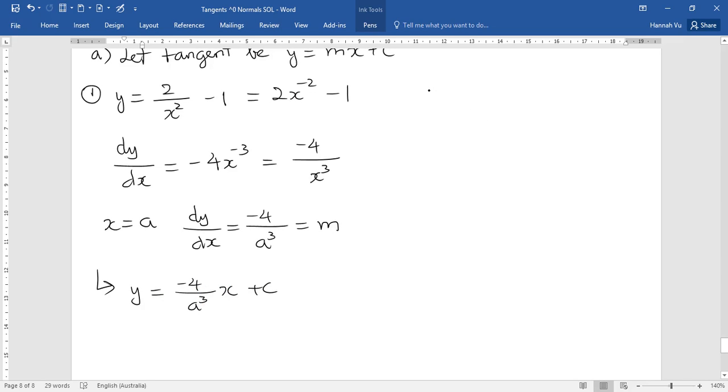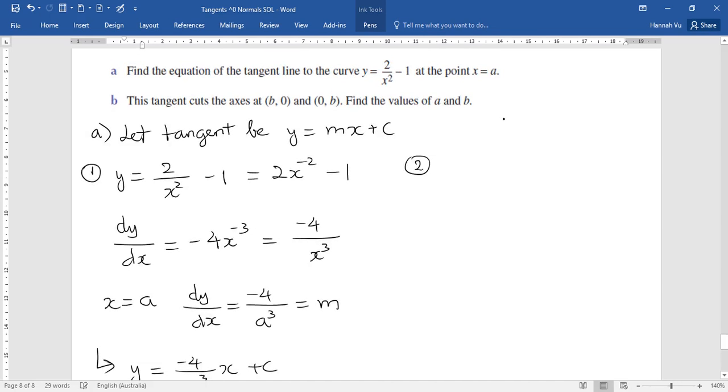Okay, in order to find c, I'm going to have to find the y coordinate of the point where the tangent touches the curve. So if x equals a, then y would equal 2 over a squared minus 1. So the point is a, 2 over a squared minus 1.